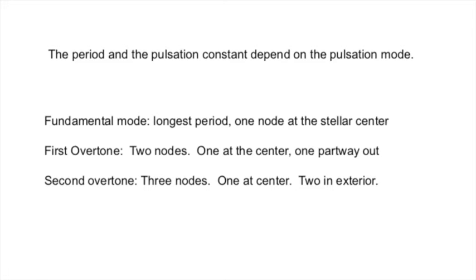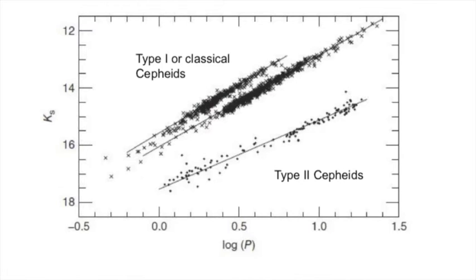First overtone pulsators generally have a node in the center, and then a surface outside that's also a node, from which things go in and out. And you can go on to higher and higher overtones. We won't talk about that too much, and certainly not the theory of them, but we will look at some light curves of multimode stars later on.